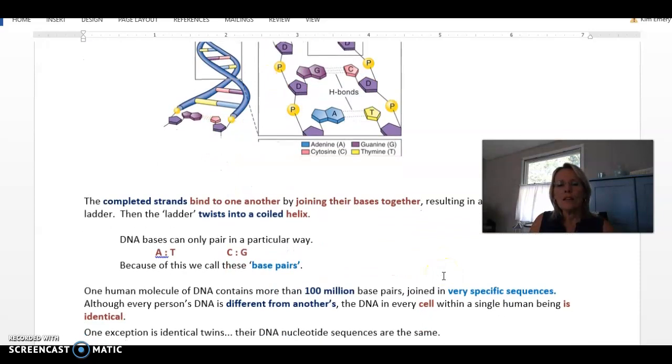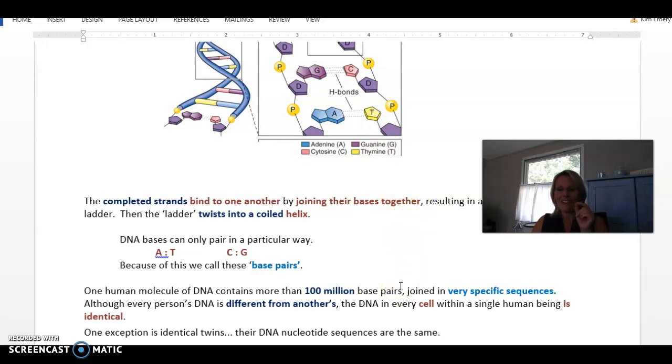DNA nucleotides bind in a very specific way. A's can only bind to T's, and G's can only bind to C's. It's the only way that it can happen. One molecule of DNA in humans contains more than 1 million base pairs. So that's a base pair, that's a base pair. More than 1 million in just one molecule.